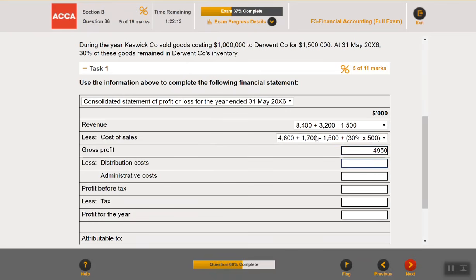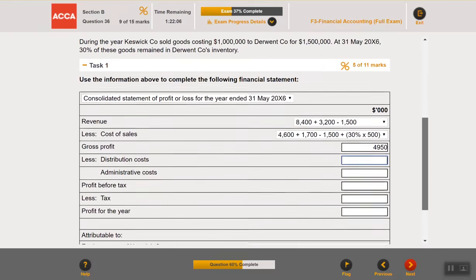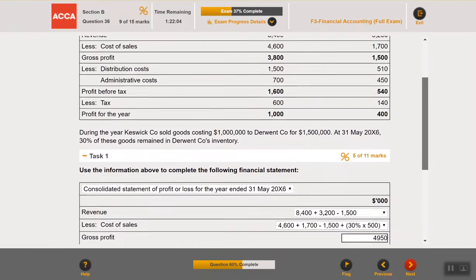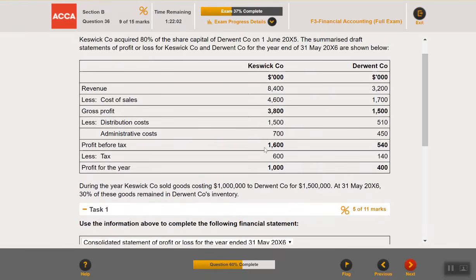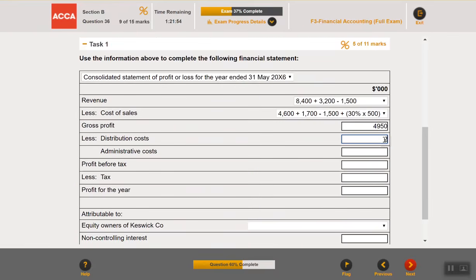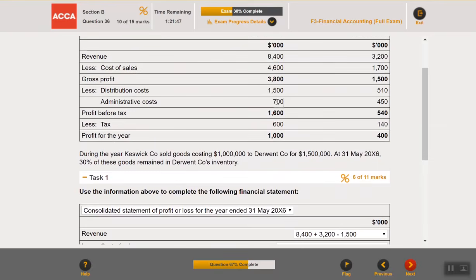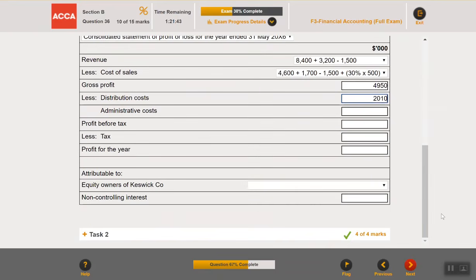Distribution costs. So only this cost of sales part is difficult in the P&L of consolidation. The rest is very easy. So let's look at distribution costs. Just add across everything. 1,500 plus 510 becomes 2,010. Admin cost. Parent plus subsidiary. 1,150.